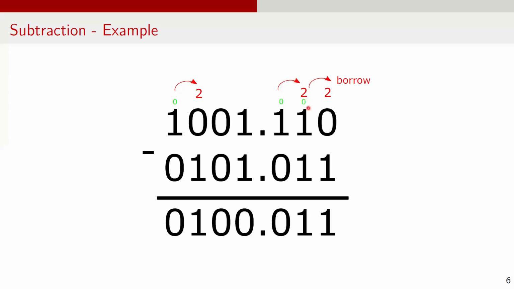And now we have a 2 minus 1 is 1. Over here, we have 0 minus 0, 0. 1 minus 1, 0. 0 minus 0 is 0. Again, at this place, we have to borrow 1 from this next higher position. And then we have 2 minus 1 is 1. 0 minus 0 is 0.